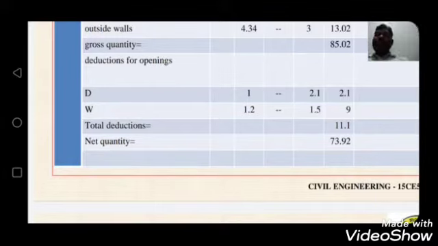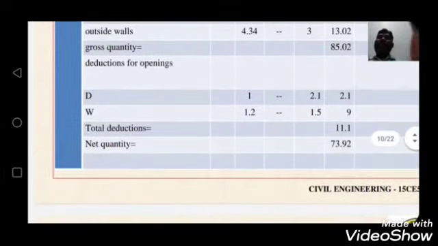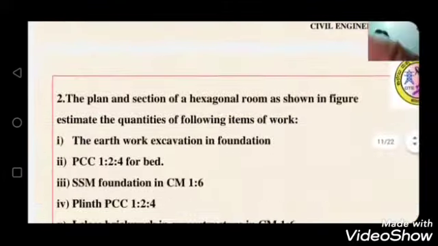W 1.2 into 1.5, 5 numbers, 5 into 1.2 into 1.5 is equal to 9 square meter. Total deduction is 11.1. 85.02 minus 11.1 is 73.92.